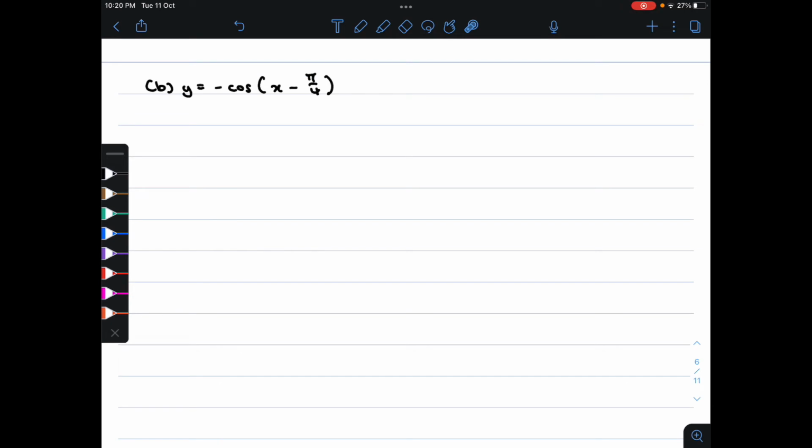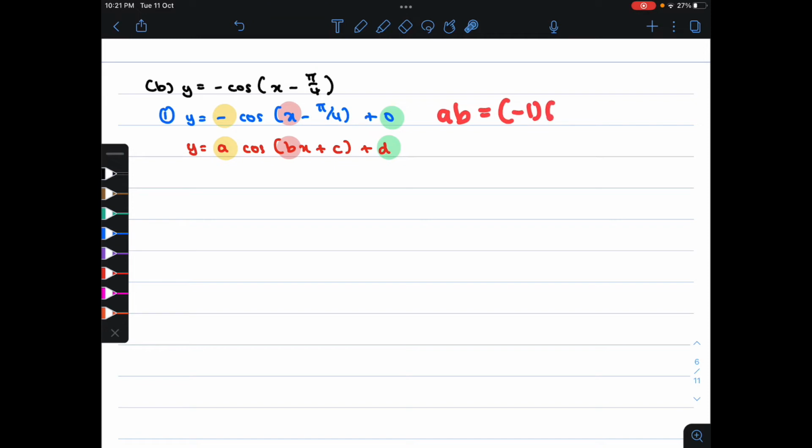From part B, we can see that at the back here, we're supposed to have plus 0. And hence, A is negative 1, B is positive 1, and D is 0. Therefore, AB is negative 1 times 1, which will give you a negative value.